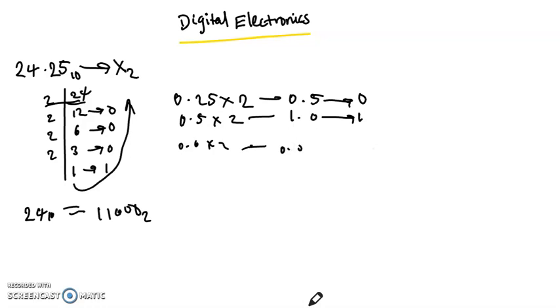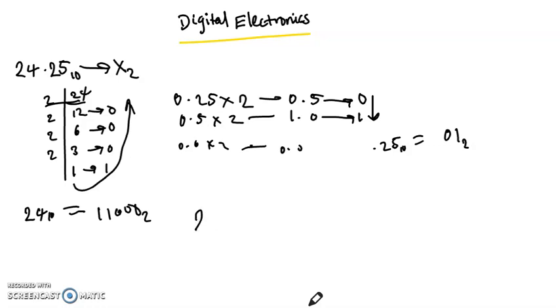So our 0.25 to base 10: pay attention, for the whole number part we read from bottom to top, but here we read from top to bottom. You will have 0, 1. So this is what we have, 0, 1, of course to base 2.